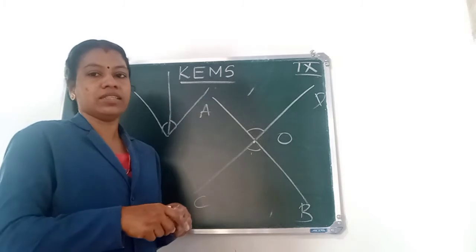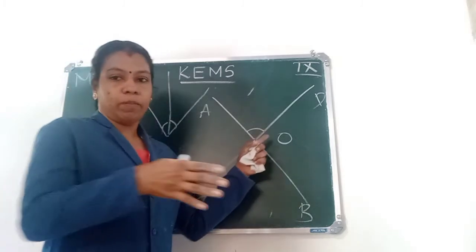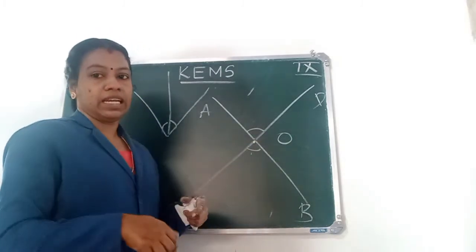The pair of angles in opposite direction is known as vertically opposite angles.